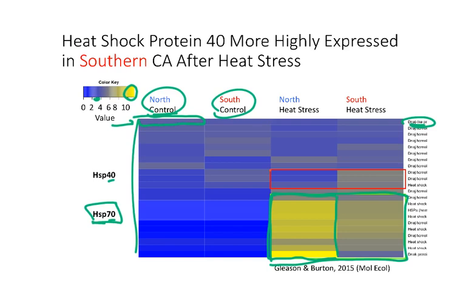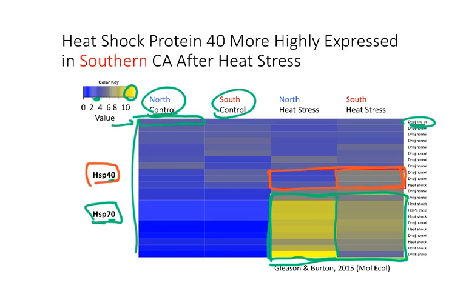In contrast, boxed in red here, we have a different family of heat shock proteins, heat shock protein 40s. And here we see the opposite pattern, where the Southern California individuals show higher expression of those particular heat shock proteins after being exposed to heat stress compared to the Northern California populations.